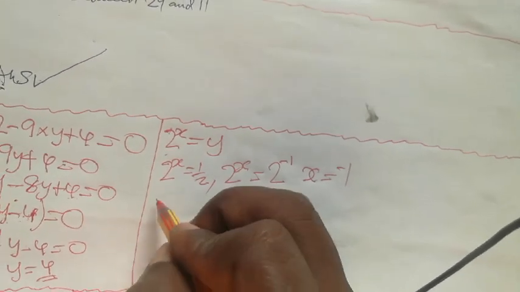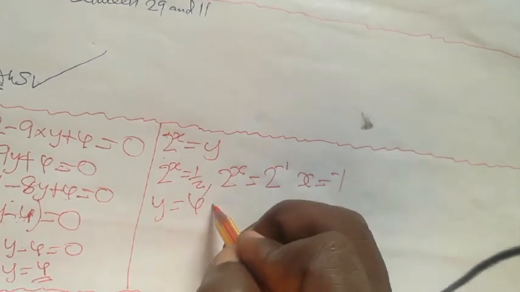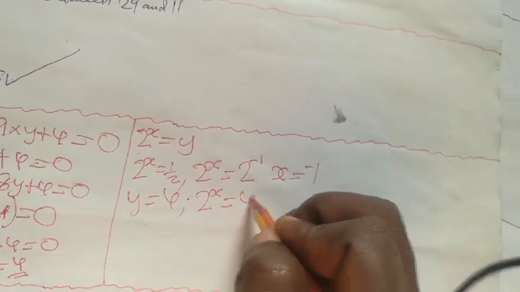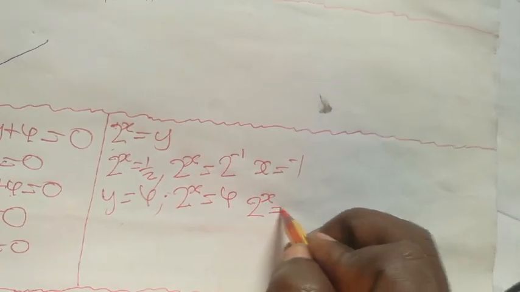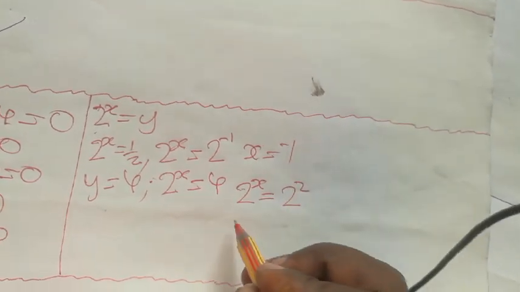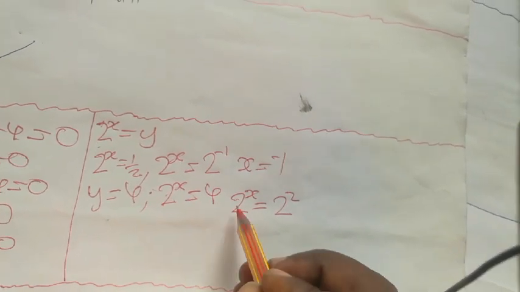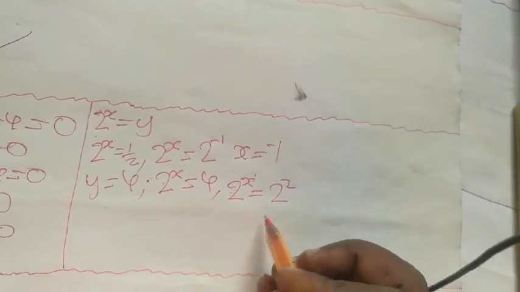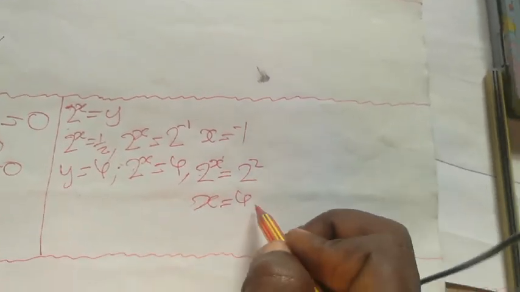When y is 4, this will give us 2 power x, which is the same as 2 power 2, which is equal to 4. Hence, here x is 2.